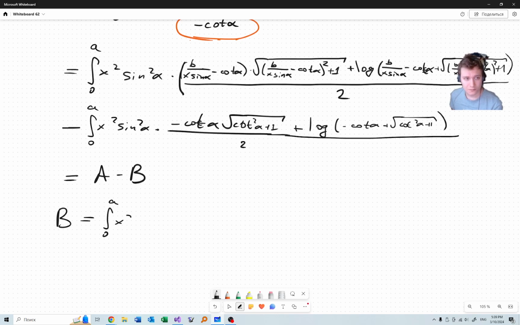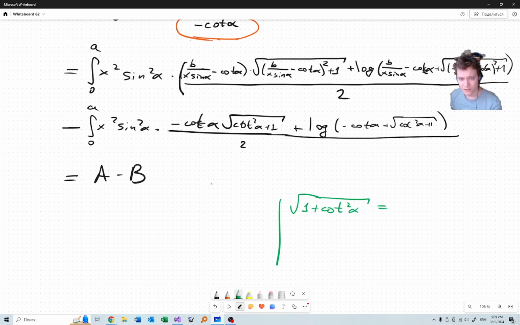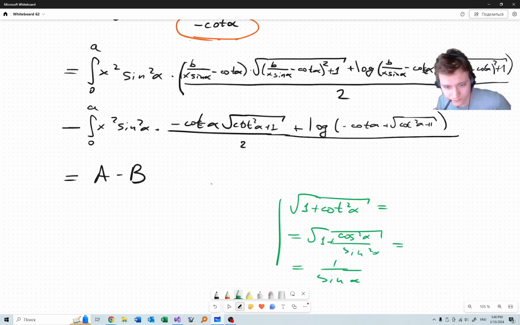Okay, we have x squared sine squared alpha times. Okay, first of all, let's make a subroutine which calculates square root of 1 plus cotangent squared alpha. Okay, this is square root of 1 plus cosine squared alpha over sine squared alpha, which is simply 1 over sine alpha. So this is 1 over sine.